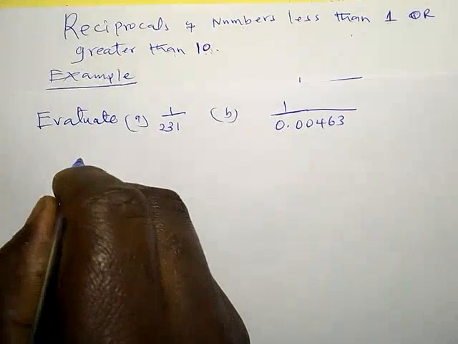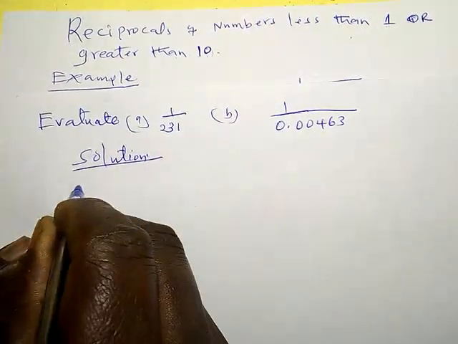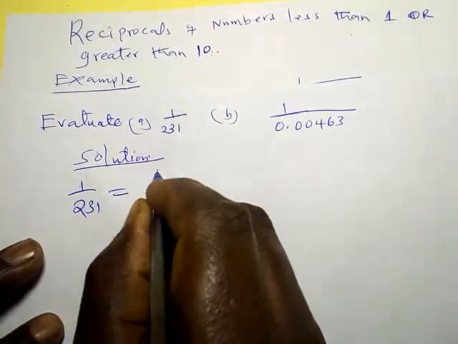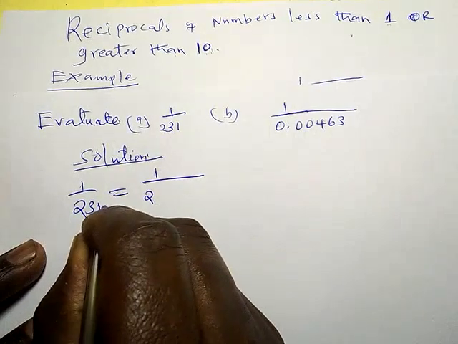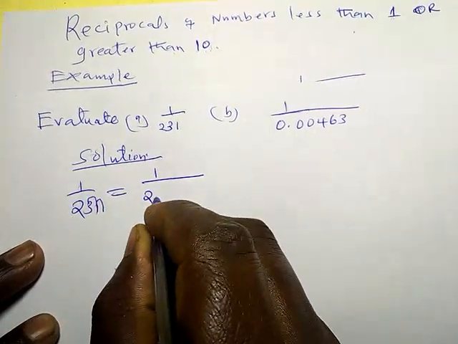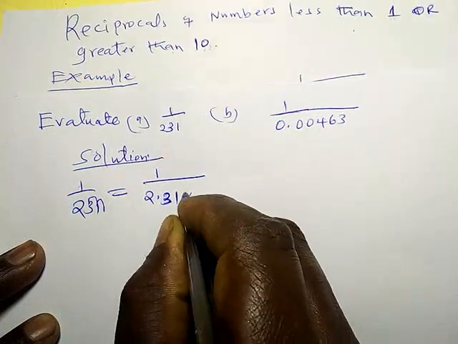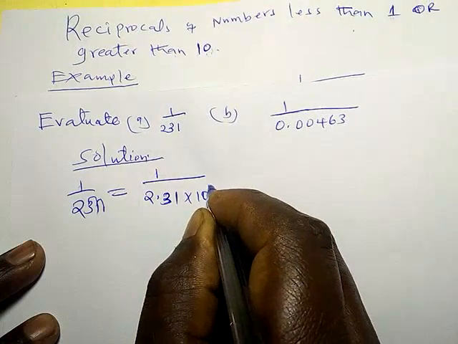So let us take a solution. 1 over 231 is exactly the same as 1 over 2.31 times 10 raised to power 2.